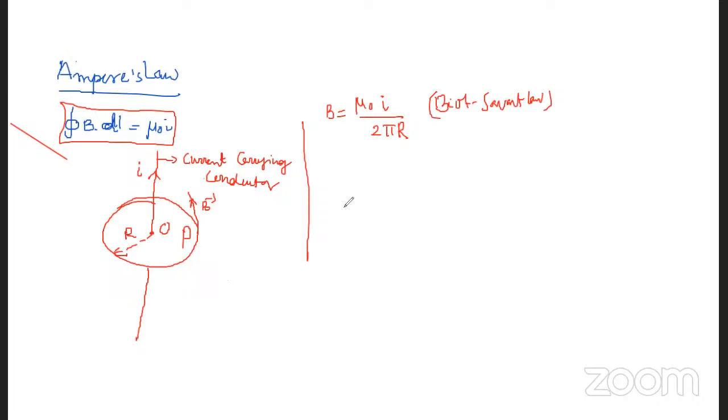One point about this B which you have to remember is that the magnitude of B is constant at all points on the circle.